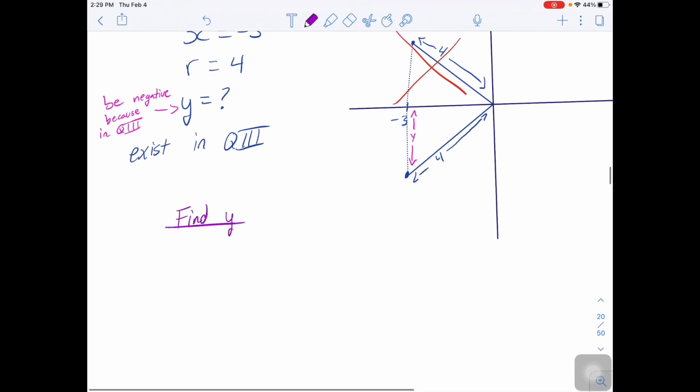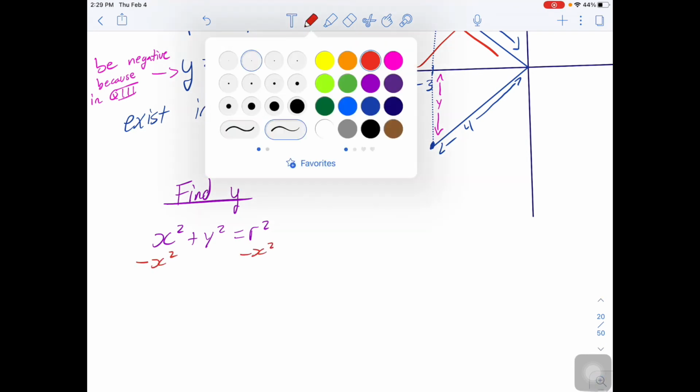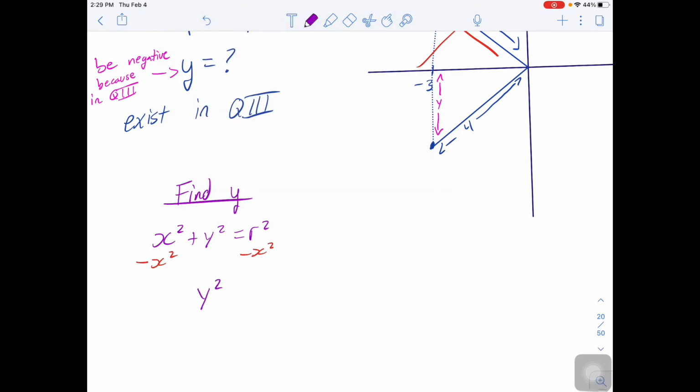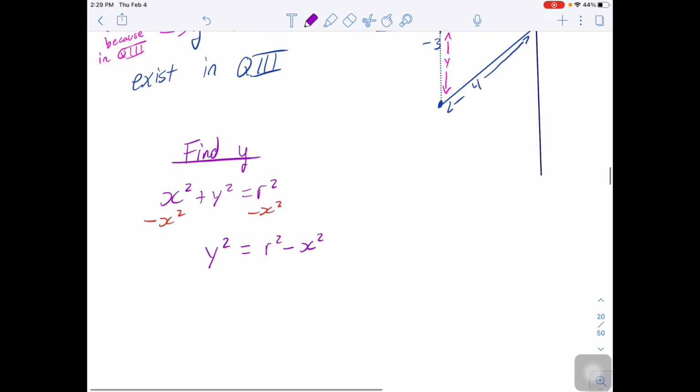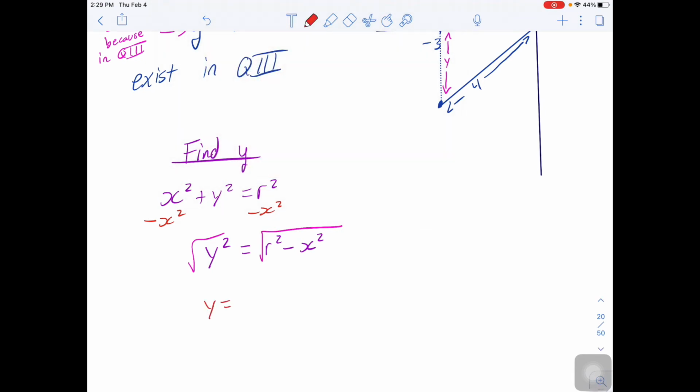We're going to find y again by using x squared plus y squared equals r squared. And at this point, hopefully we know how to solve for this. I'm going to subtract x squared, and I will get y squared equaling r squared minus x squared. And I can square root both sides. Remember, when you square root, you can take either the positive or negative answer.